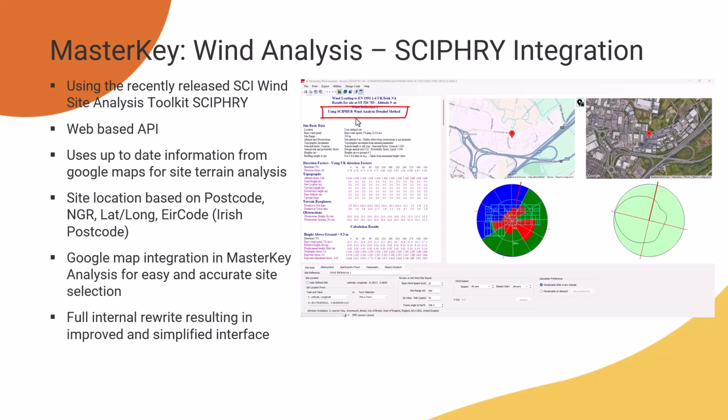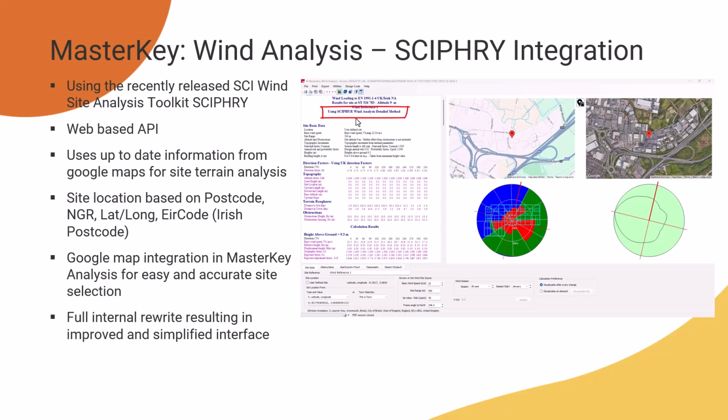The terrain analysis has been refreshed so that you're getting up-to-date distances to town, sea, country. It also brings online some nice new features for postcode searching, as well as the traditional national grid reference, latitude, longitude, and Irish users also get Eircodes, the ability to search based on those also.